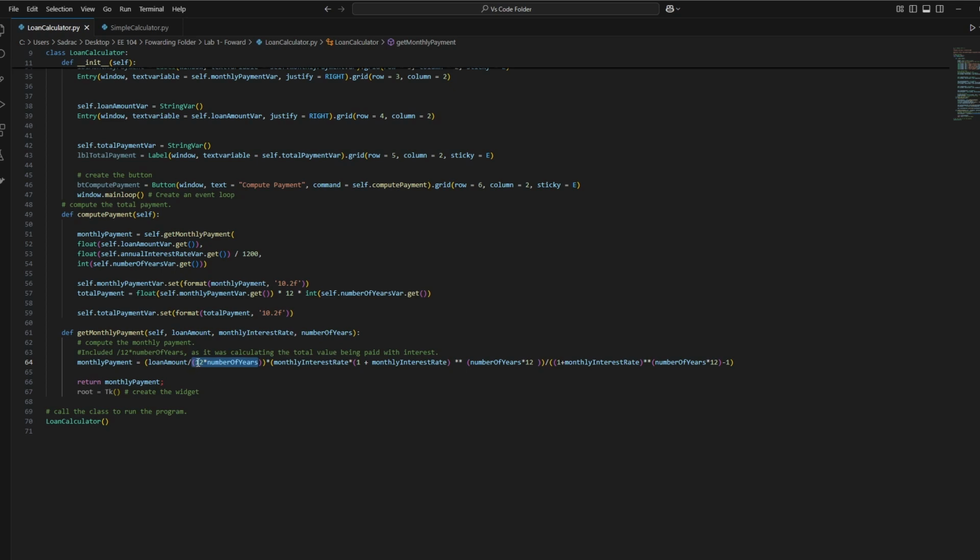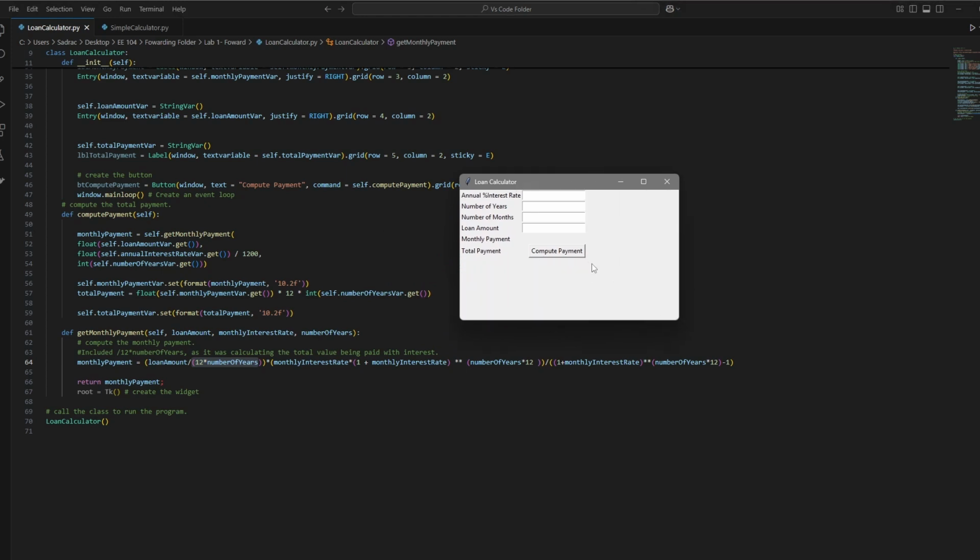But to fix that, I just divided it by 12 times the number of years. So now it's going to be the per month amount within the year for those number of years that we are taking a loan for. Because without this, it would be a huge number, and we would be able to see that here, why this would need to be taken into account in order to actually calculate the monthly payment.